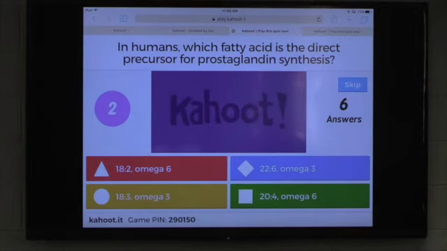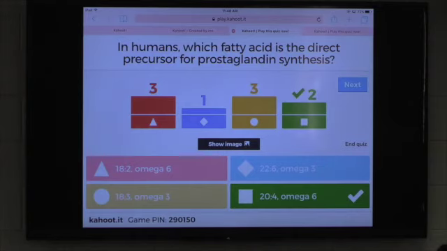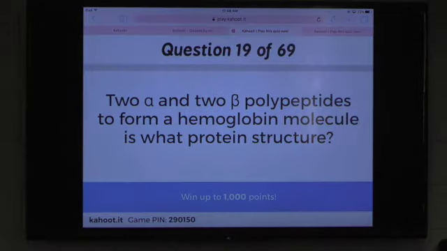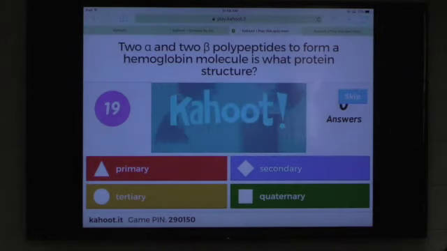It is in your notes. Which is arachidonic acid. It's in there. Some of this we actually went over today.